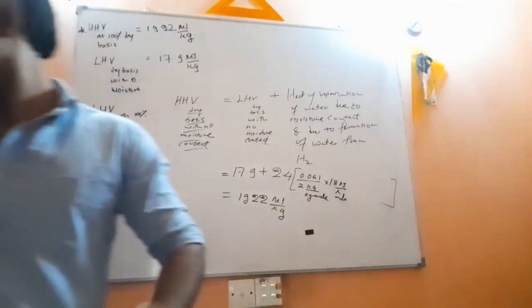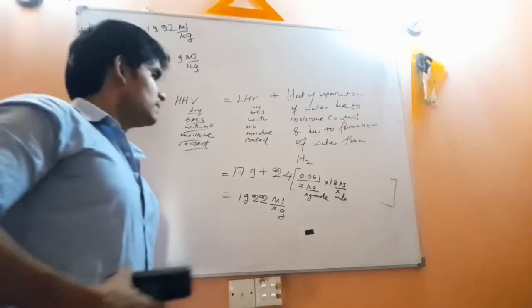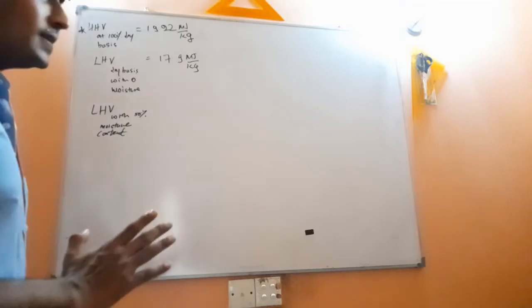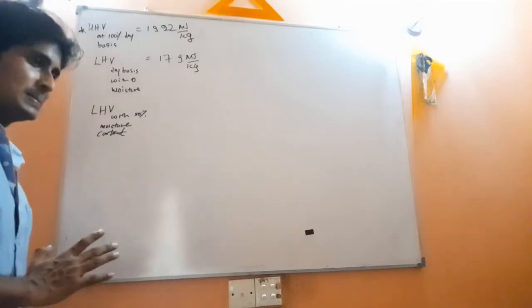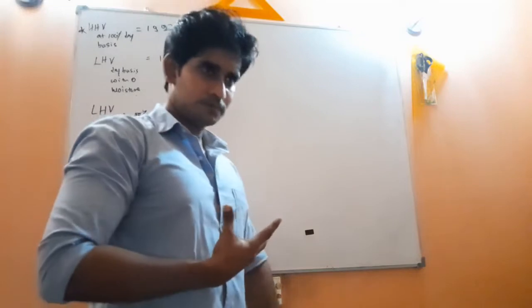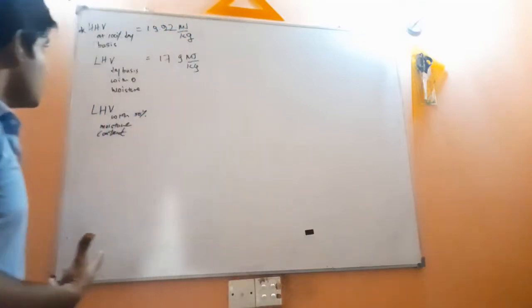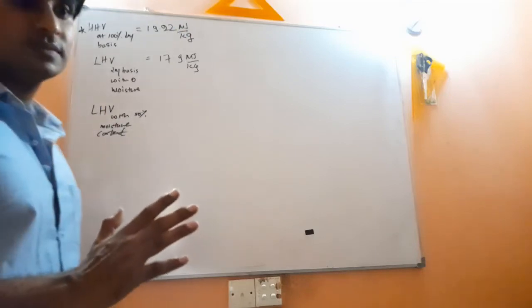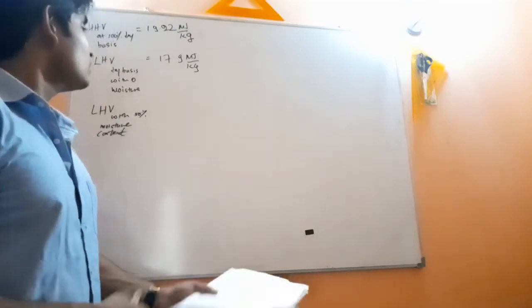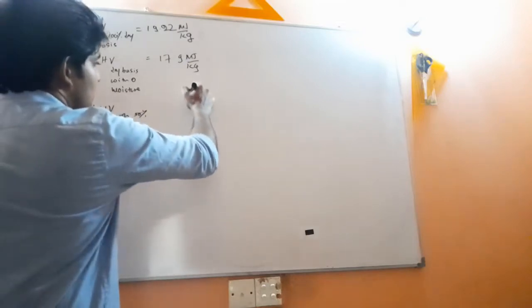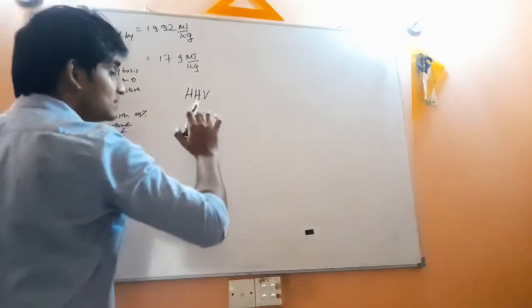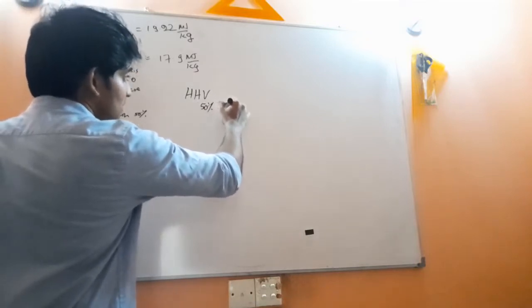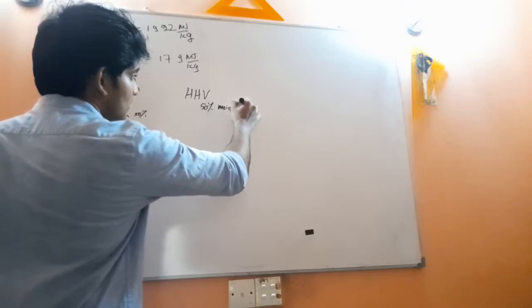Now I will erase this. So now you need to find the higher heating value considering 50% moisture content.